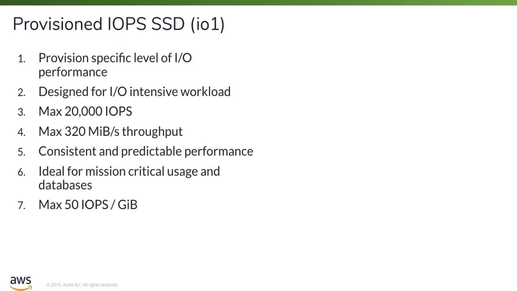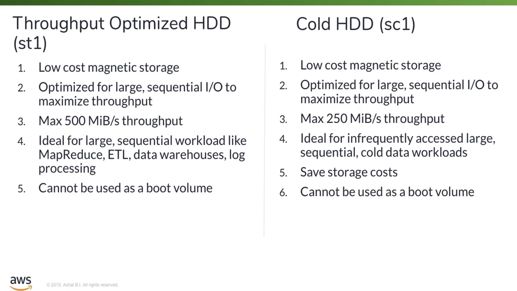You can get a maximum of 50 IOPS per GB, wherein general purpose used to provide 3 IOPS per GB. This is ideal for mission critical usage and databases.